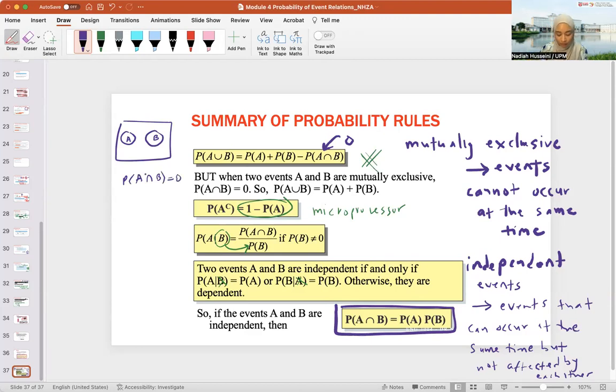For the independent event, I can't find the Venn diagram, so I don't know how we can describe this. Give me a minute. Hopefully everyone can have a good understanding of these two concepts. I also don't know what the Venn diagram looks like.